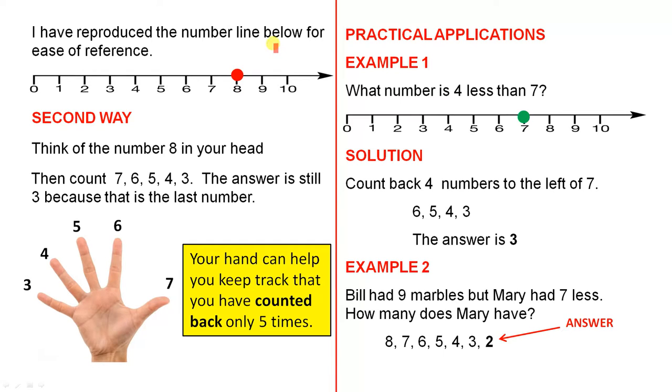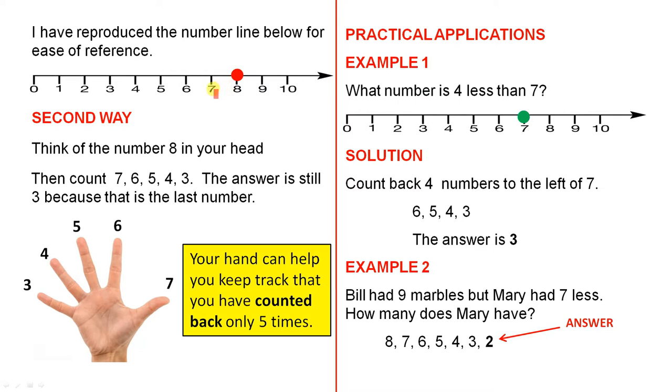I have reproduced the number line below for ease of reference. So here is the number 8. On the number line I've got it with the red dot. So think of the number 8 in your head. Then count 7, 6, 5, 4, 3.